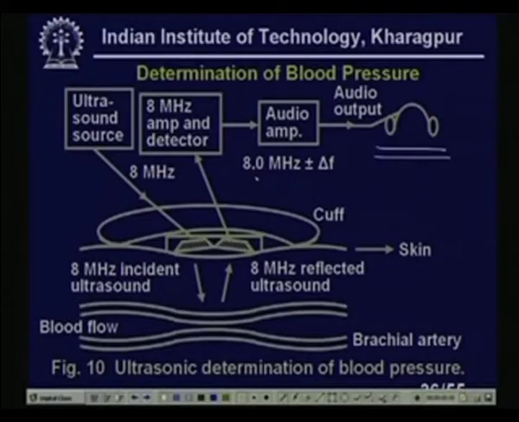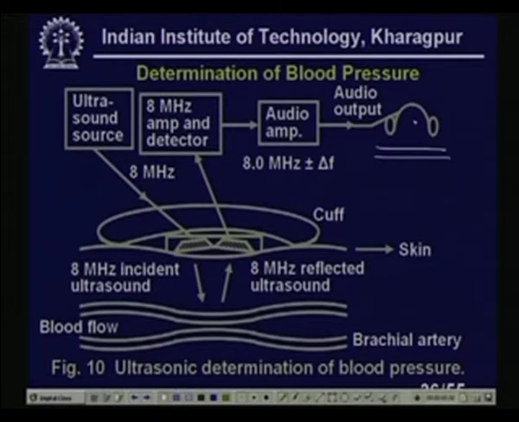This is how the blood is flowing through the artery. You see what will happen: the 8 megahertz incident ultrasound will come into the blood, and so it will be reflected. Here I have the skin, because we have to put it outside the skin, so it is very much a non-invasive technique. We will listen to the sound.